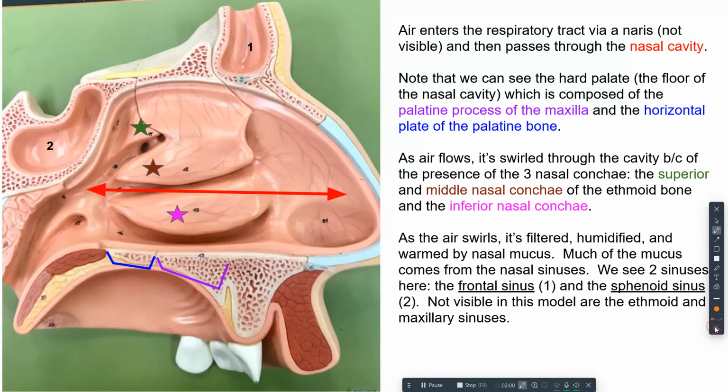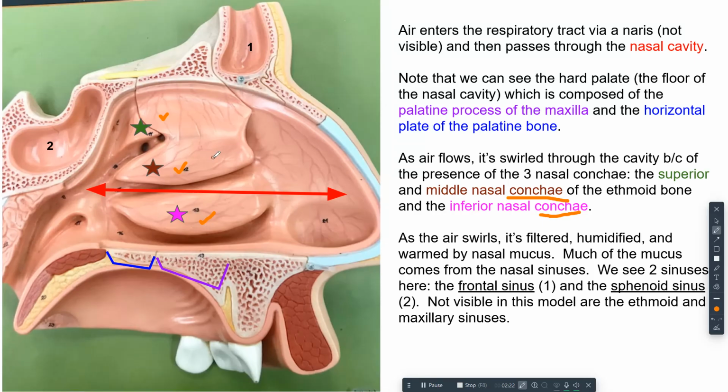Now, I also want you to notice that there are projections on the lateral wall of the nasal cavity, 3 projections. And these projections are all called conchae. So these are all called conchae. And the conchae are going to cause the air to swirl around.